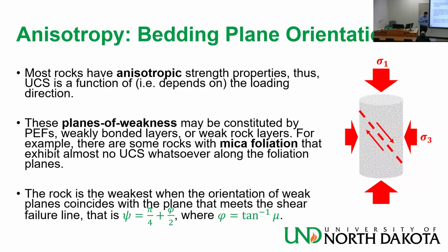Arctan of 0.6 is about half a radian in degrees. Yeah, 31. Let's just say 30. If it's 30, pi over 4 is 45, plus 30 over 2, that's 15. So 45 plus 15, that's 60.